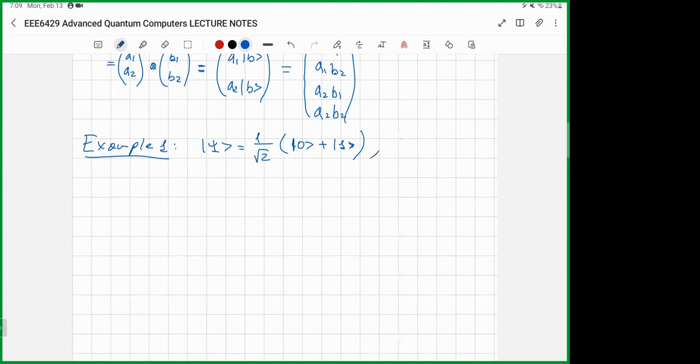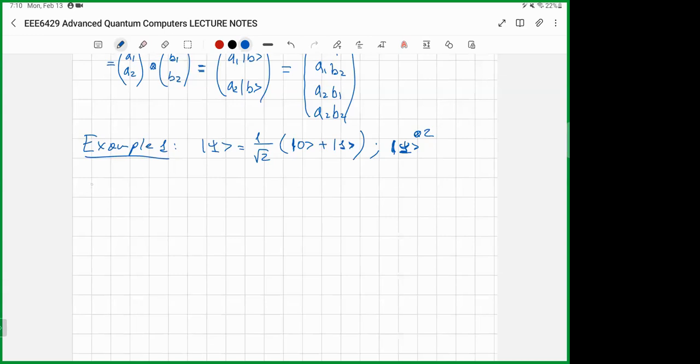The problem is to find the tensor power of this state, for example, power 2. So I can write this as psi to the tensor power 2.